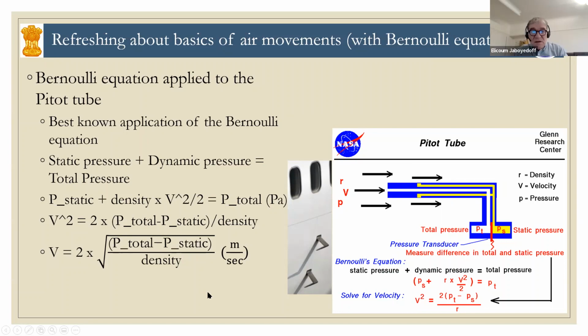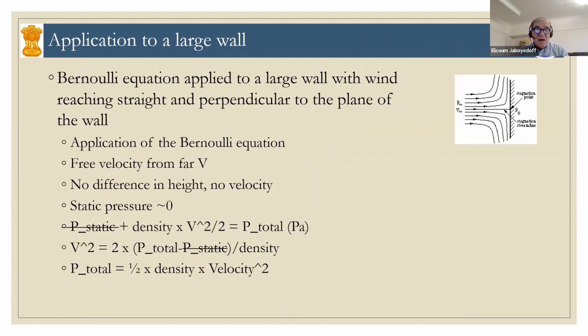We can do a similar kind of approach to look at how the air reaching a wall at some velocity, and which is at zero velocity when it's hitting the wall, translates into a pressure.